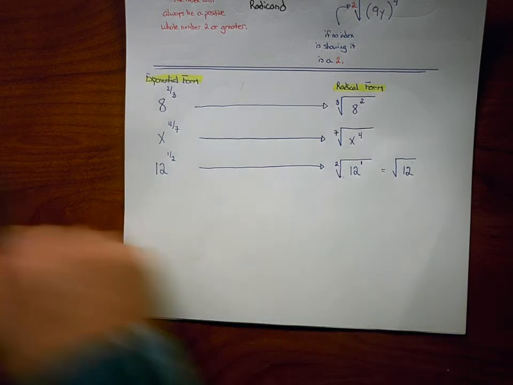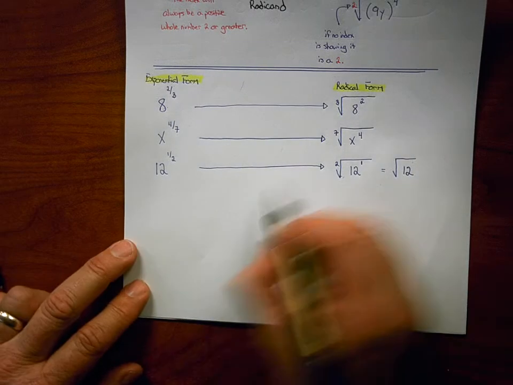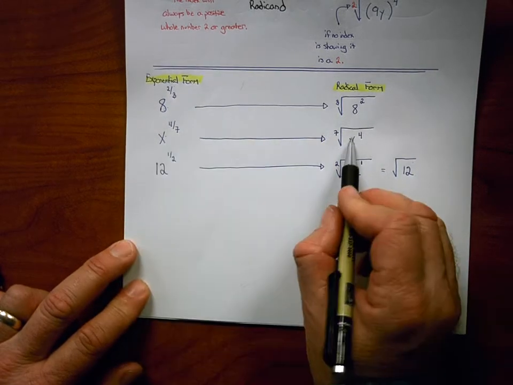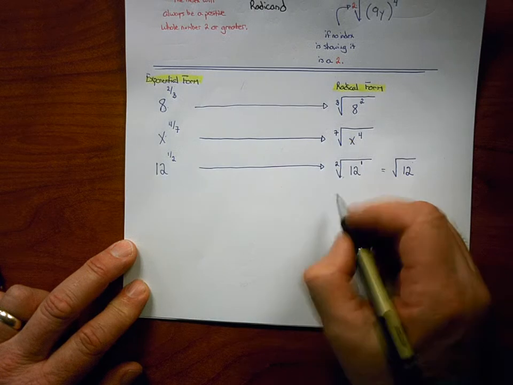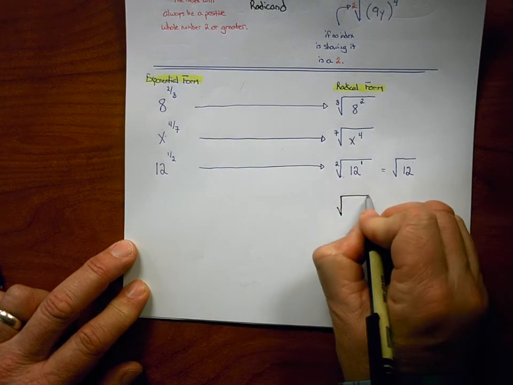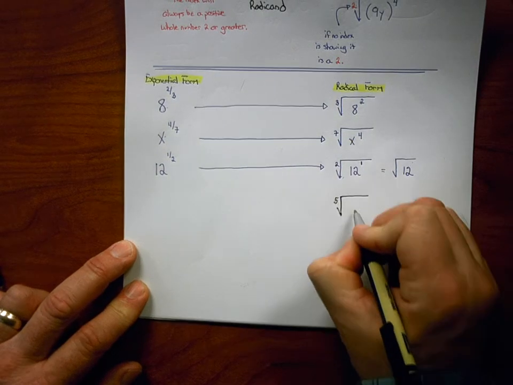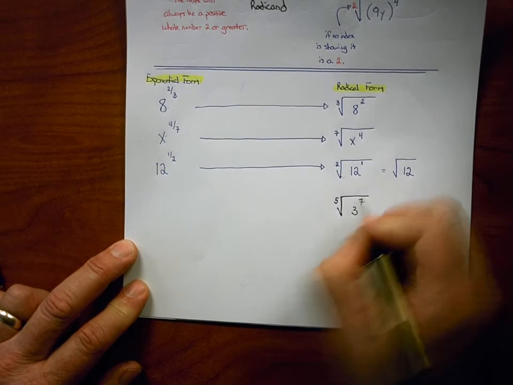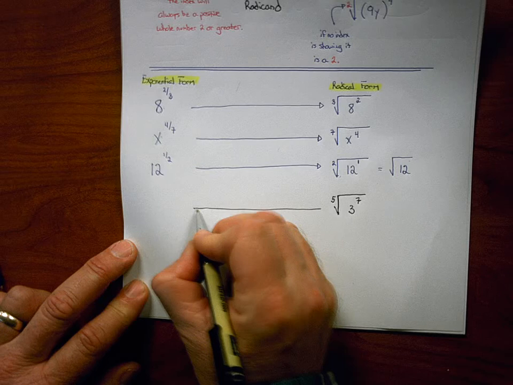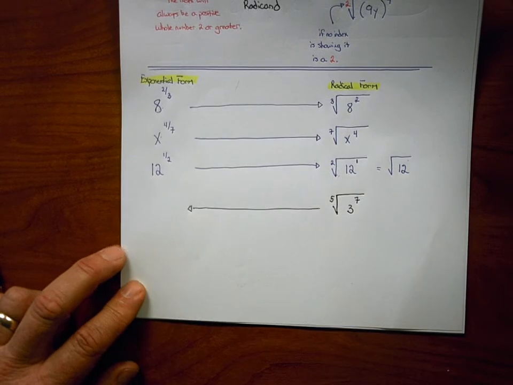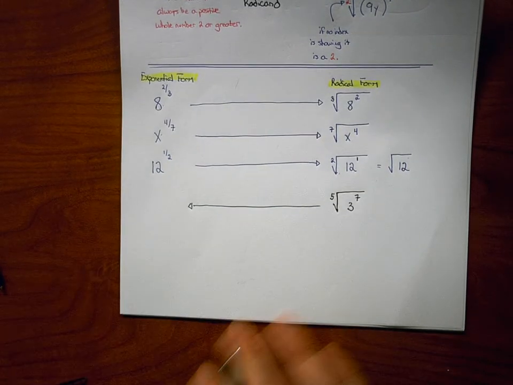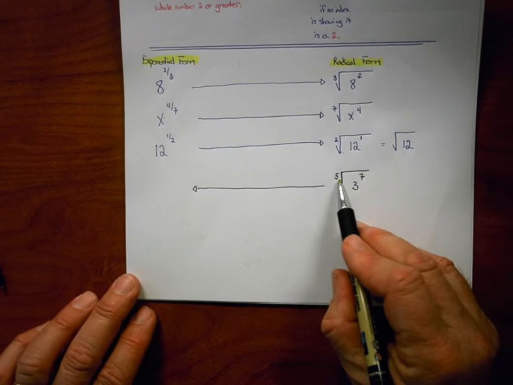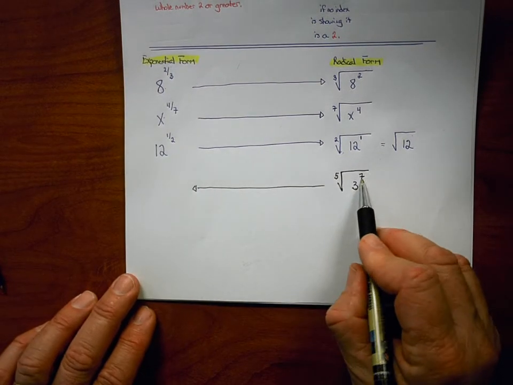All right, now let's go the other way. It makes sense that if I can take something in exponential form and put it in radical form, then if I give you something in radical form, you should be able to tell me what it would be in exponential form. So what happens if the radical form is the index of 5, radical of 3 to the 7th?